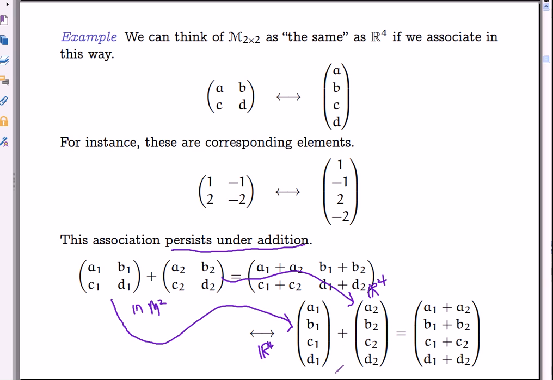I perform this addition in R4. I get a result in R4, and this result in R4 turns out to be exactly the vector that is associated with this result in M2. Okay, so the addition in M2 has a parallel addition in R4. You can almost think of these as parallel universes where everything that happens in M2 has a corresponding occurrence in R4.